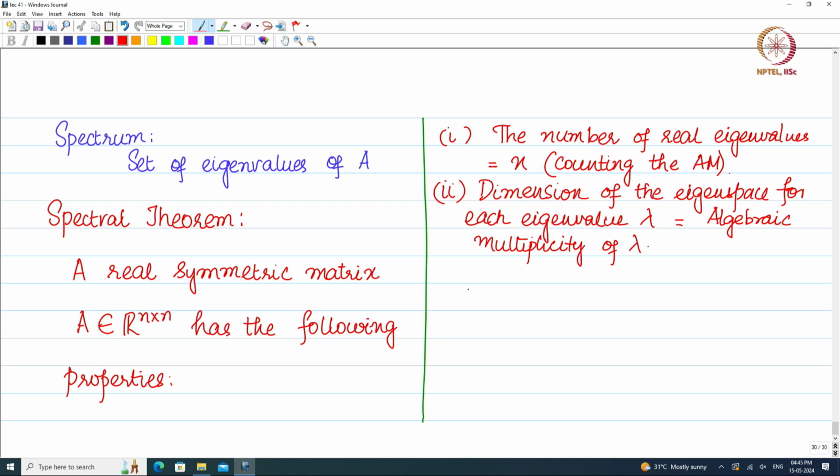Then, we already saw that if the eigenvalues are distinct, then the eigenvectors are orthogonal.